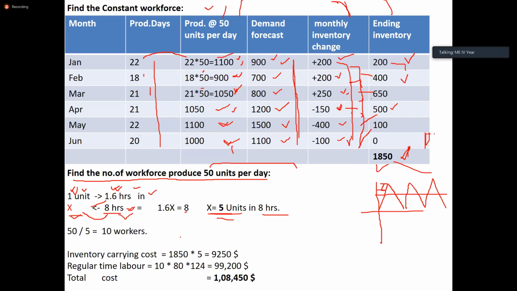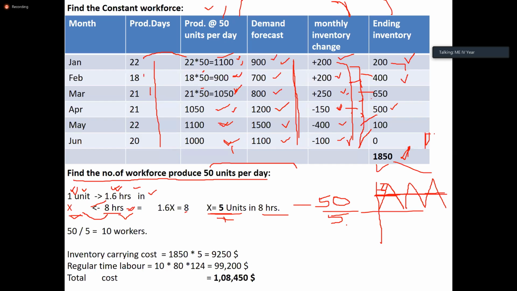Now, from the previous table, to maintain chase level, to maintain this average production, how many people I need, that I want to know. So this value is 50, we know 50 by 5.